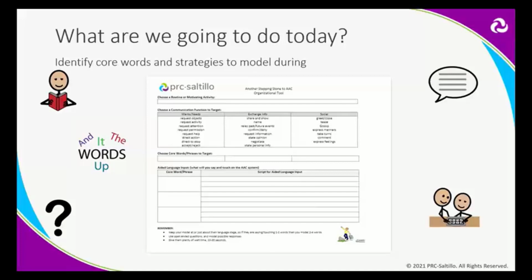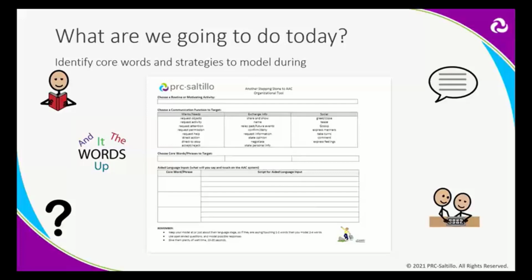You will also find functions of communication that you can target with your AAC user. This is how we move to that next level, talking about functions of communication and how to target those, as well as targeting those with core words. You'll find a spot for that as well, and then some scripts for aided language input and some key tips at the bottom.